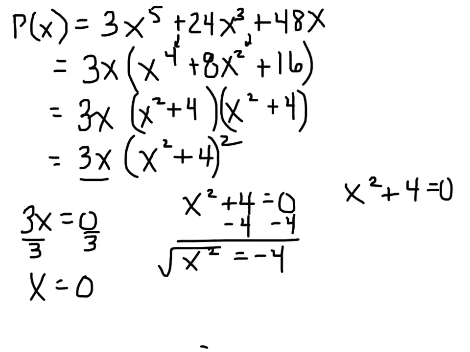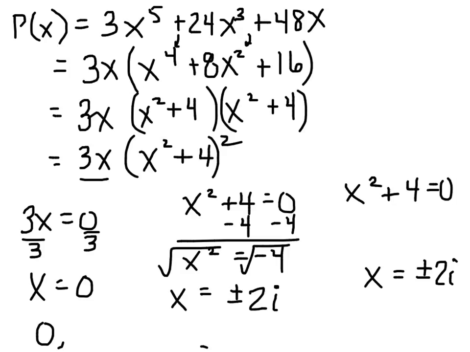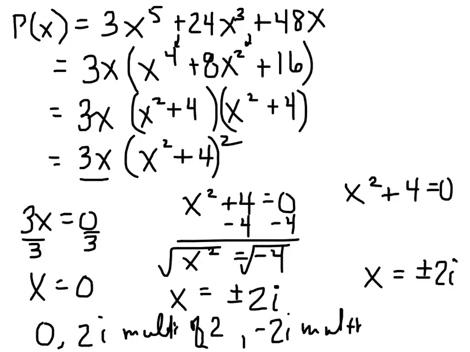From here, I square root both sides, and I get x equals plus or minus. Now I take an i out again, but then the square root of 4 is 2, so I get 2i. And I also get that over here. So that's where that multiplicity of 2 comes in, where a lot of times you would see this answer as 0, then 2i with multiplicity of 2, meaning it showed up twice, and then negative 2i, multiplicity of 2.